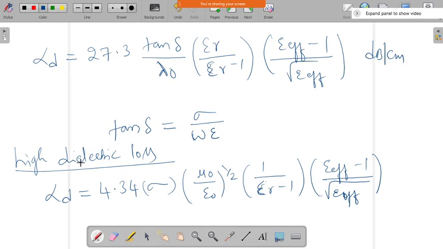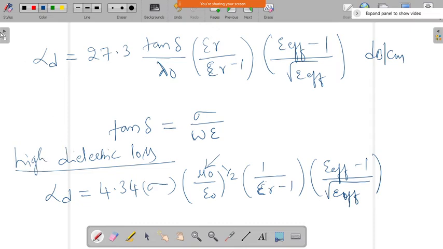This is the expression for higher dielectric losses. Sigma is the conductivity of the dielectric, and mu naught is the permeability of free space. We can use this expression for finding the dielectric loss for materials with higher loss.